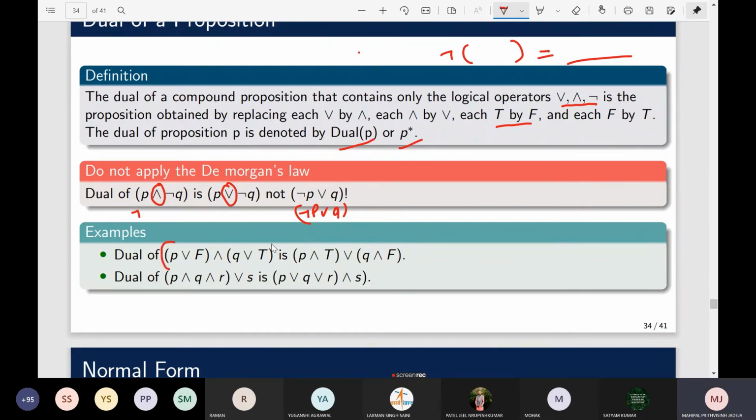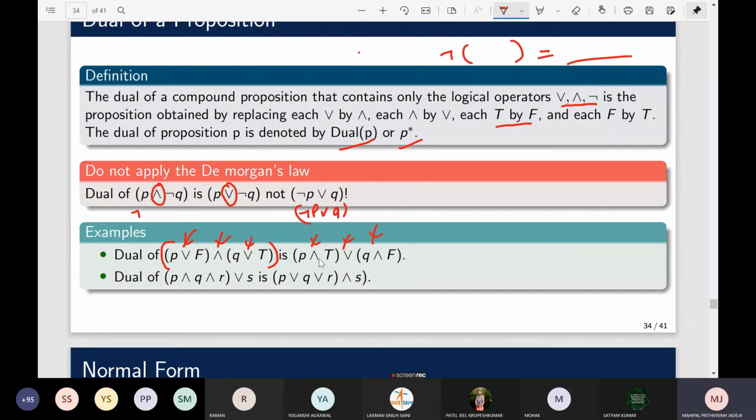Let's say the proposition is like this: P disjunction F conjunction Q disjunction true. Then what we need to do, we need to replace this first disjunction with conjunction, then first conjunction with disjunction, and then the second disjunction with conjunction.